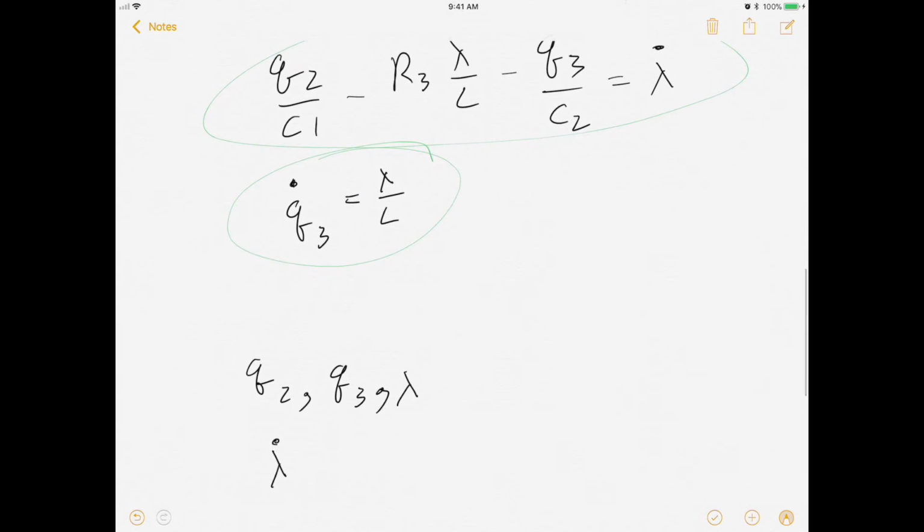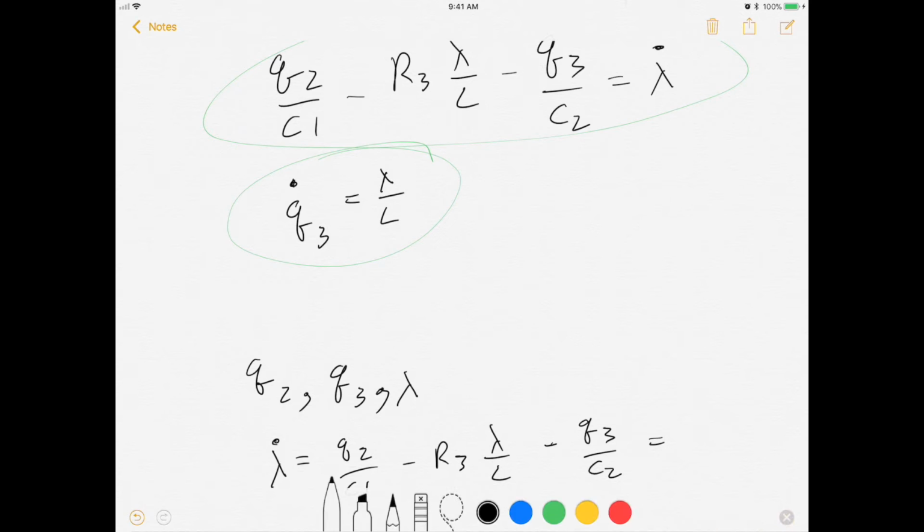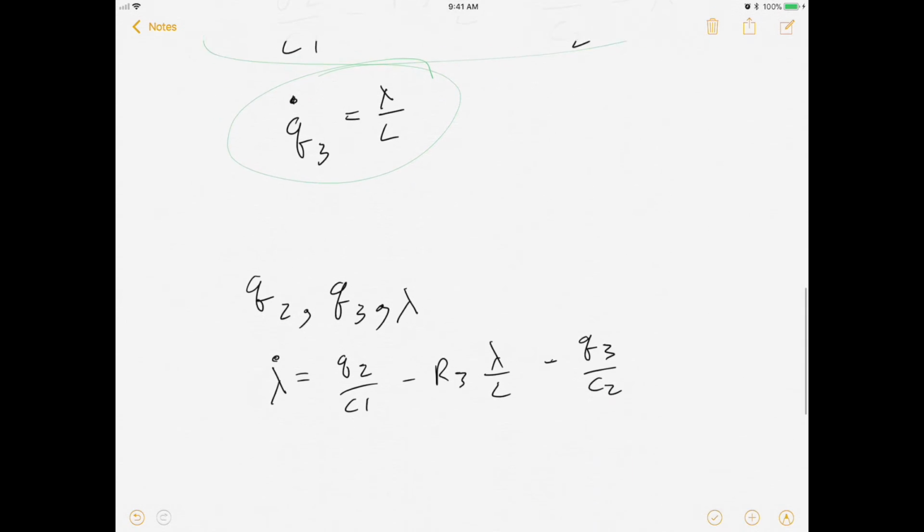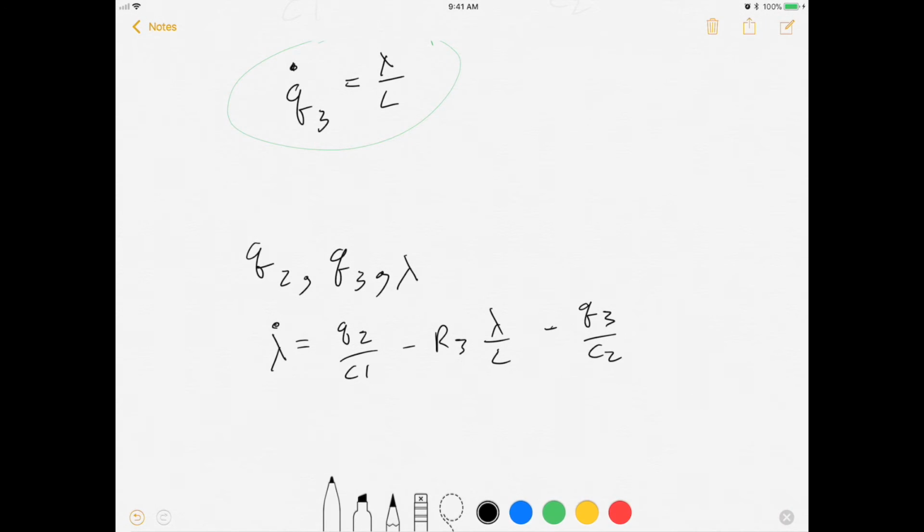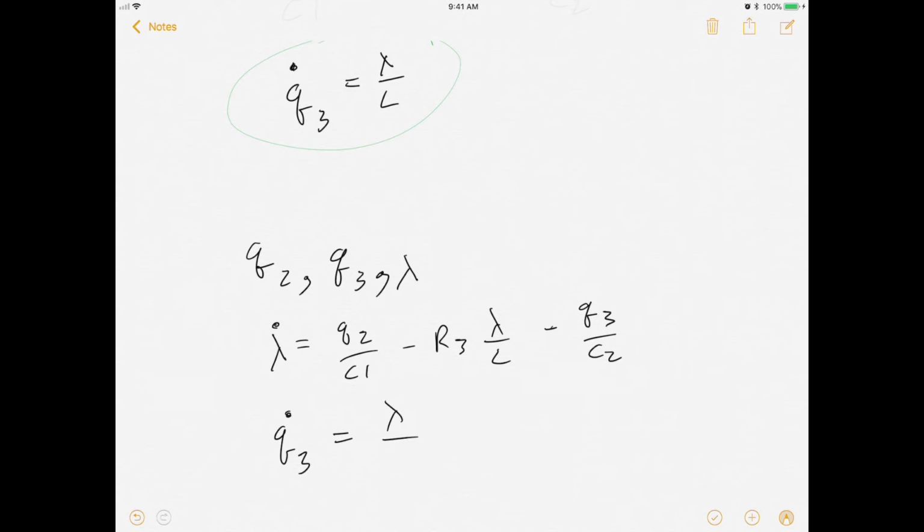Well, lambda dot is equal to Q2 over C1 minus R3 lambda over L minus Q3 over C2. Well, we already know what it's equal to because I already said it on the other side. Okay, the next one is going to be Q3 dot equals lambda over L.